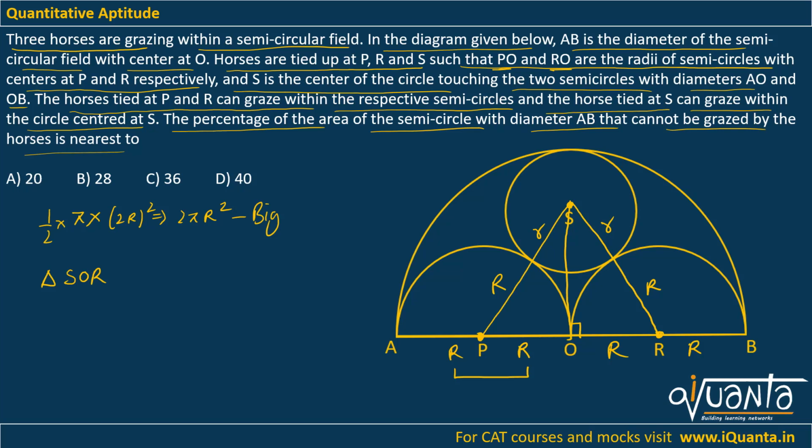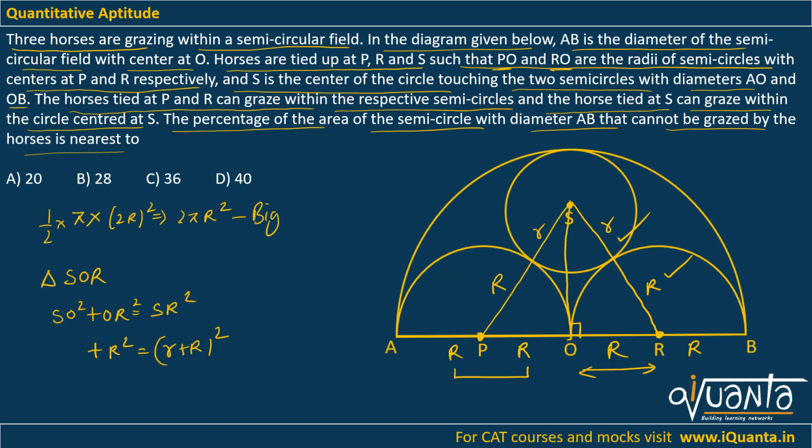So SO square plus OR square will be equal to SR square. I know the length of OR, it is capital R over here, so I'll write R square. I know SR is nothing but R plus r, so (R plus r) whole square.